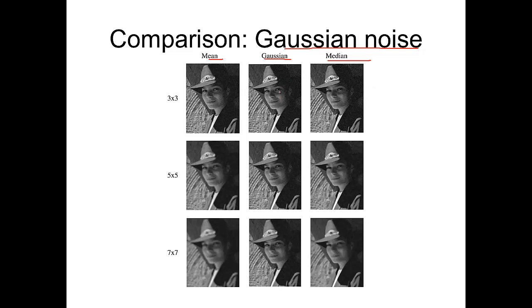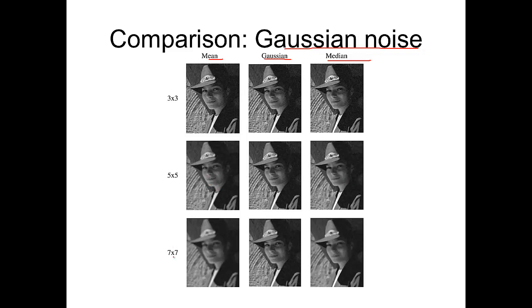For the Gaussian noise, you will find the Gaussian result is better than the mean filter and also better than the median filter. For the image from the median filter, you will find there is still some noise here. The Gaussian filter looks better than the median filter and mean filter.